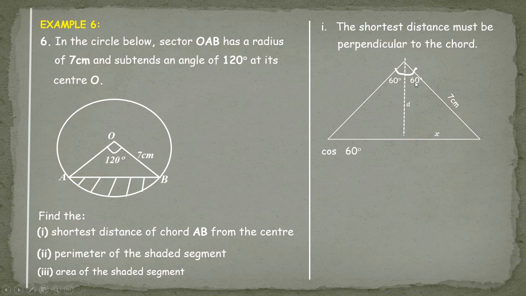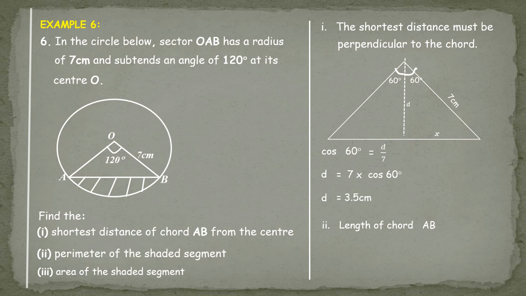So the cos of 60 degrees will be d, which is the adjacent, divided by the hypotenuse. So cross multiplying, we shall get d as 3.5 centimeters. So the shortest distance of the chord AB from the center is 3.5 centimeters.